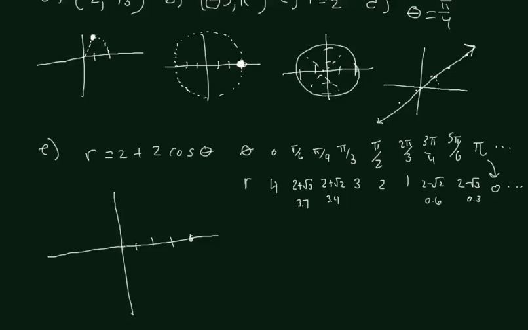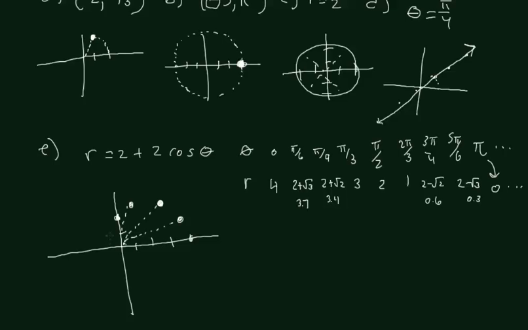For theta is pi over 6, the distance is going to be 3.7. For pi over 4, the distance is going to be 3.4. Pi over 3, the distance is going to be 3, and then at pi over 2, the distance is 2.